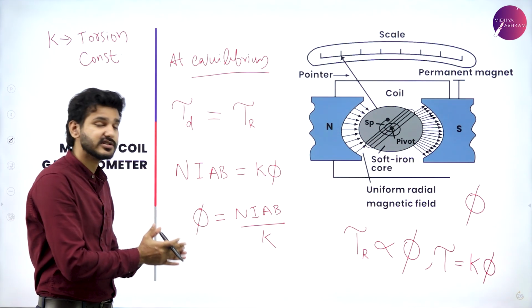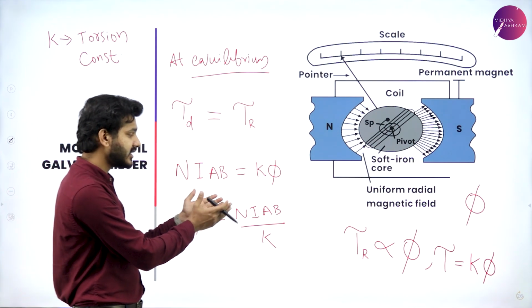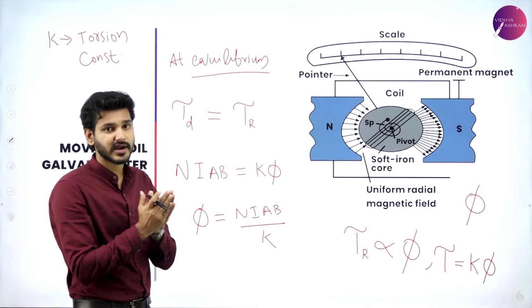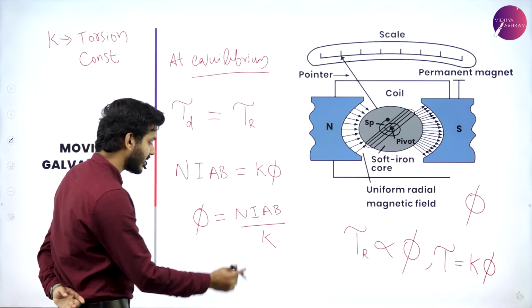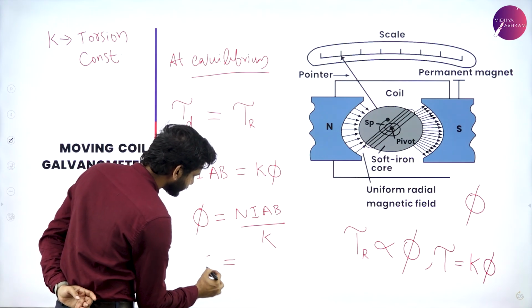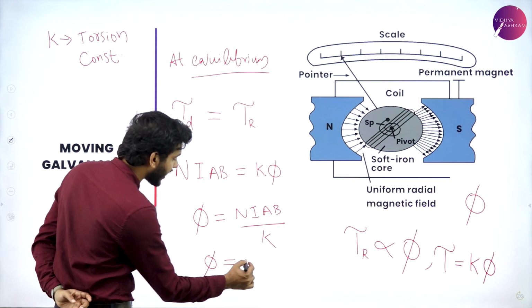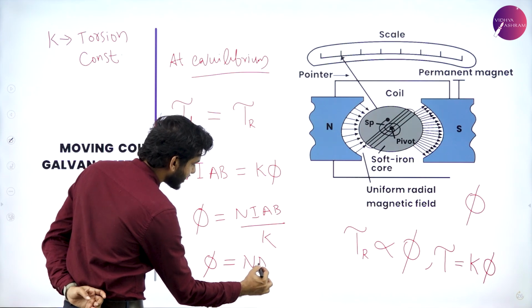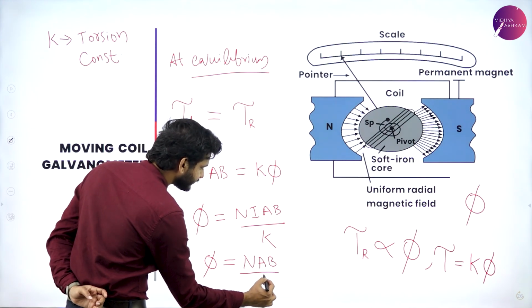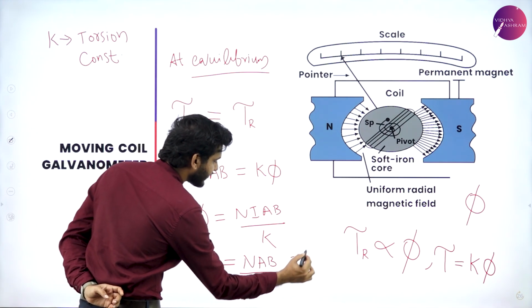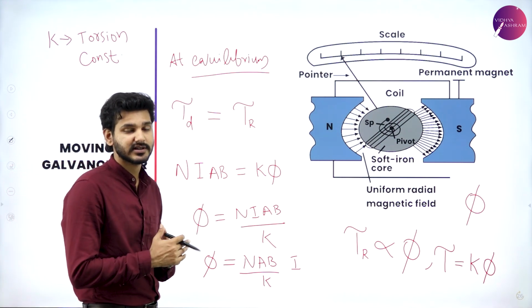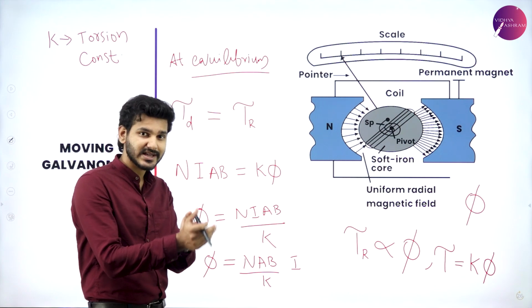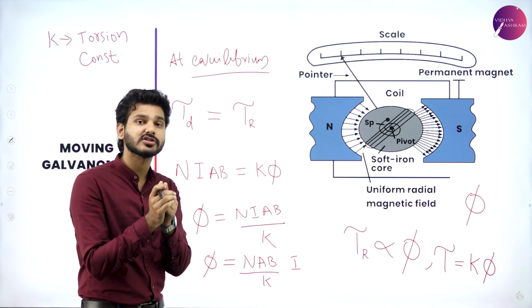The number of turns is a factor here, A is also a factor, and the magnetic field is also a factor. But most importantly, what we are measuring is that the angle of deflection phi is concerned with the amount of current. So it actually makes the galvanometer do its thing. That is, if current is flowing through it, it has to detect that and cause a deflection.